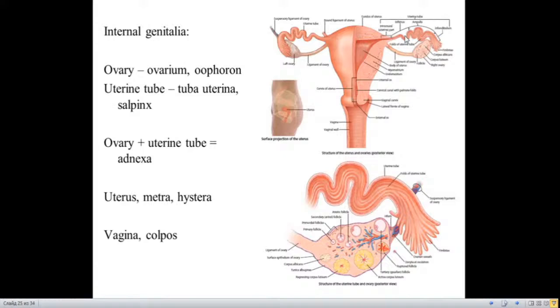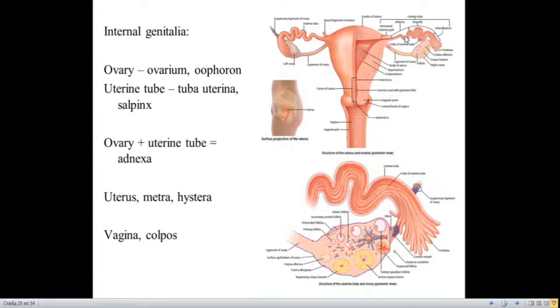In Latin, tuba uterina. But you have to know also its Greek name, salpinx. Very commonly the ovary and uterine tube are inflamed together, and in this case we talk about salpingo-oophoritis.